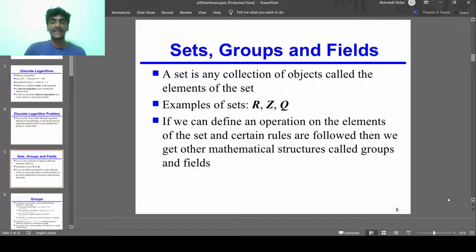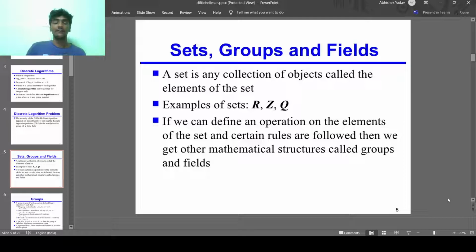A set is any collection of objects, called the elements of the set. An example of a set: we have real numbers, we have integers. Moving on, if we can define an operation on the elements of the set, and certain rules are followed, then we get other mathematical structures called groups and fields.